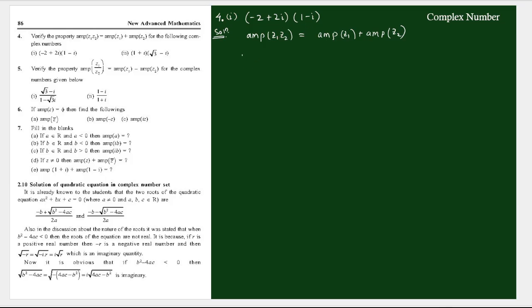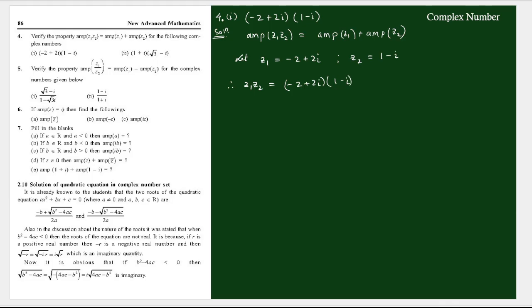Let Z1 equal to minus 2 plus 2i, then Z2 is 1 minus i. So we have to find Z1 Z2. Therefore you find out Z1 Z2: minus 2 plus 2i times 1 minus i.